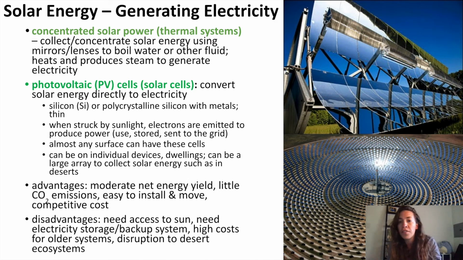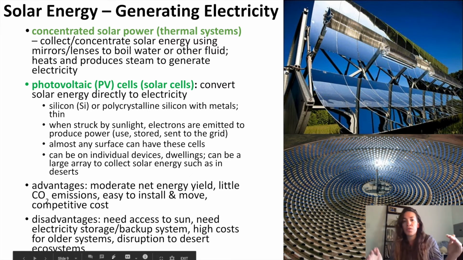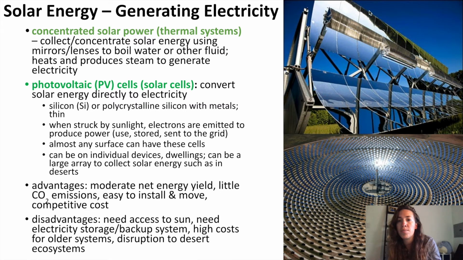Here we have a trough system where, again, it's sort of curved, and it will point the sunlight that it's reflecting to this liquid that's moving through this central rod. And so these concentrated solar projects are meant to bend or reflect the light to boil water or some other type of fluid, which can then be heated and produce steam to generate electricity.